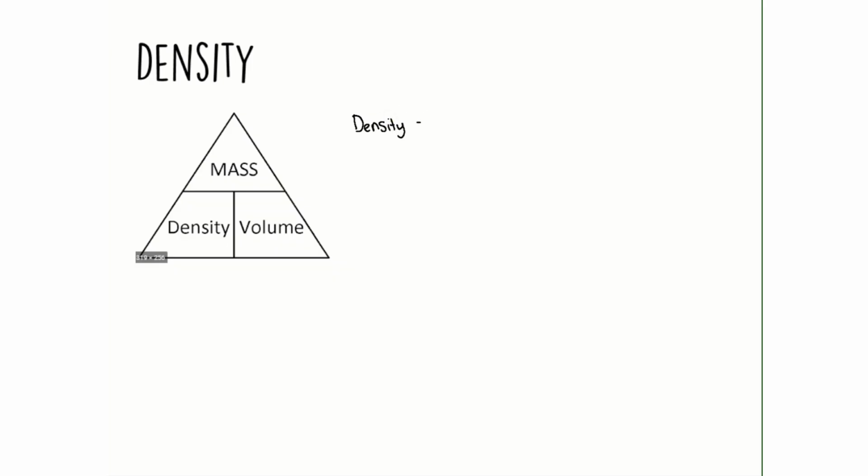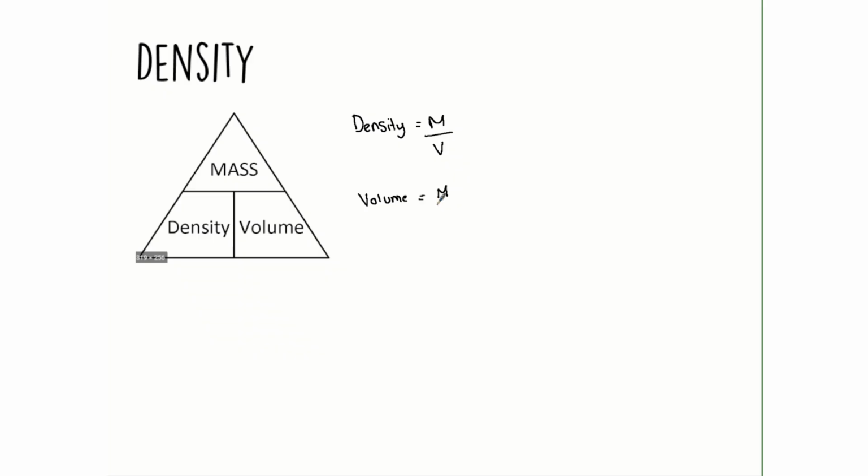So if I wanted density, because mass is over volume, I'm just going to be lazy and write mass divided by volume. If I wanted to work out volume, which again is on the bottom of the triangle, mass is over density, because one's on top of the other using our formula.